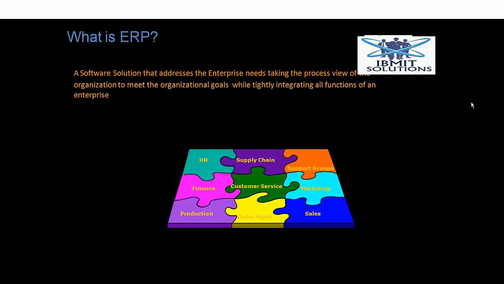So as an organization, let's talk about an organization like Infosys. Let's say you are a CEO or a CFO of Infosys. What are the things you have to operate? Let's say, what is the Infosys business?